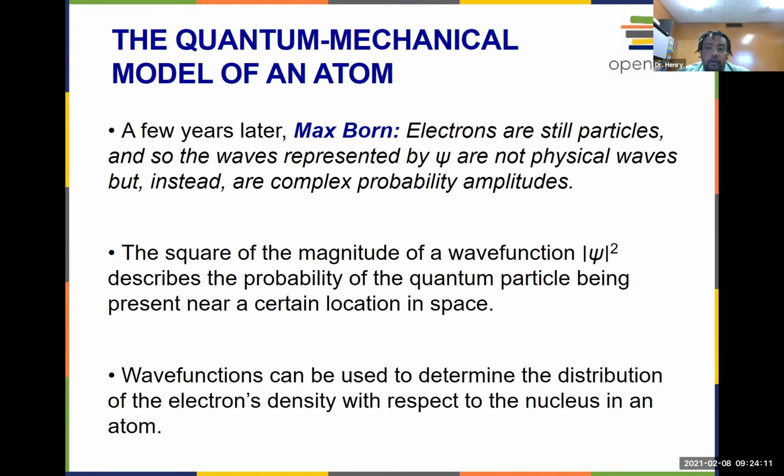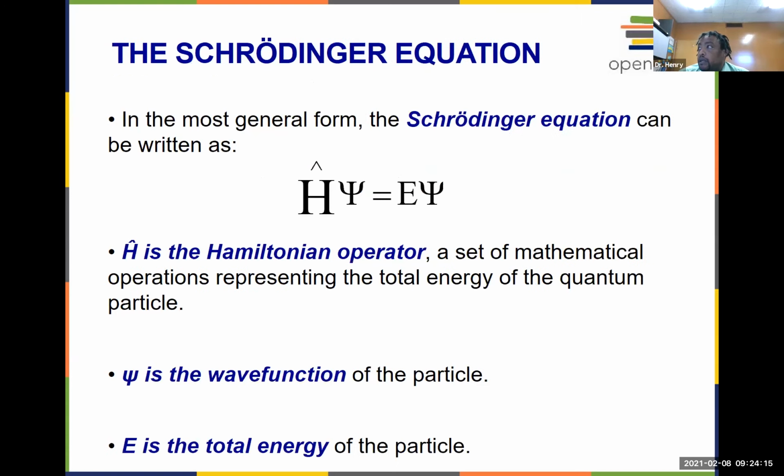So now the bottom line is we have Schrödinger's equation. This H, capital H with the hat, is called the Hamiltonian operator. It's a set of mathematical operators that represent the total amount of energy associated with those electrons.